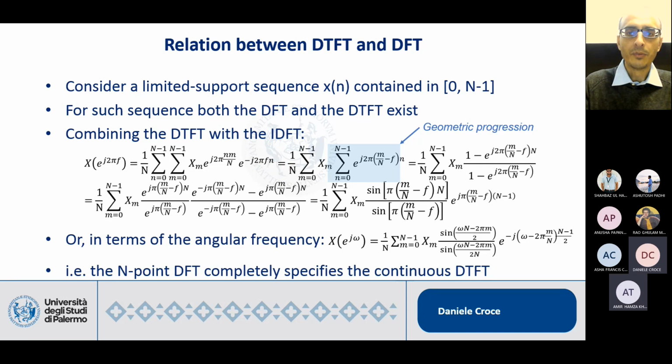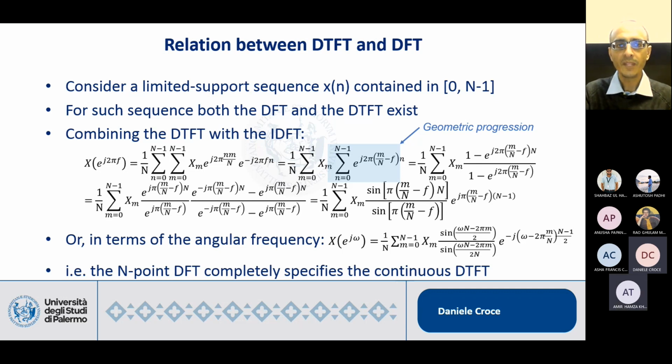So if you regroup half of these components, in particular if you regroup above e to the j pi times m divided by capital N minus f, times N, and below e to the j pi times m divided by capital N minus f, what you obtain if you use Euler's formulas is this last equation in the form sine divided by sine.